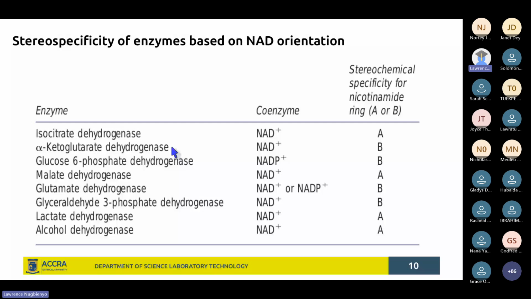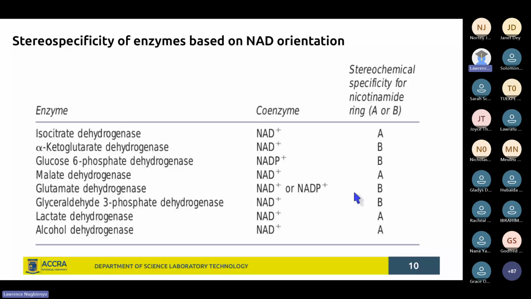The next one, glucose 6-phosphate dehydrogenase, has NADP plus as the coenzyme, and it will be binding to the back side. And so you see malate dehydrogenase, front side, glutamate dehydrogenase, back side, glyceraldehyde 3-phosphate dehydrogenase, the back side.